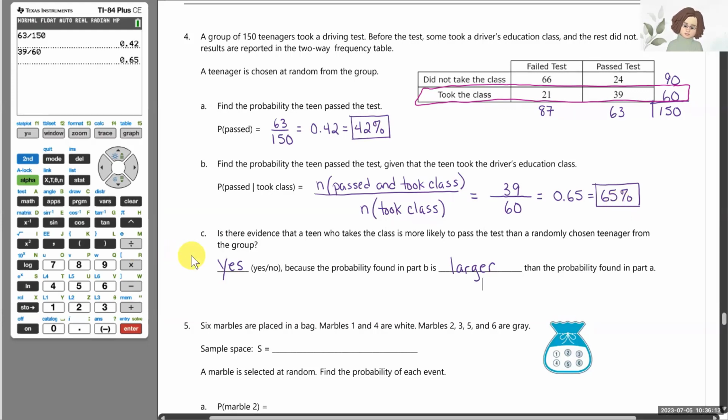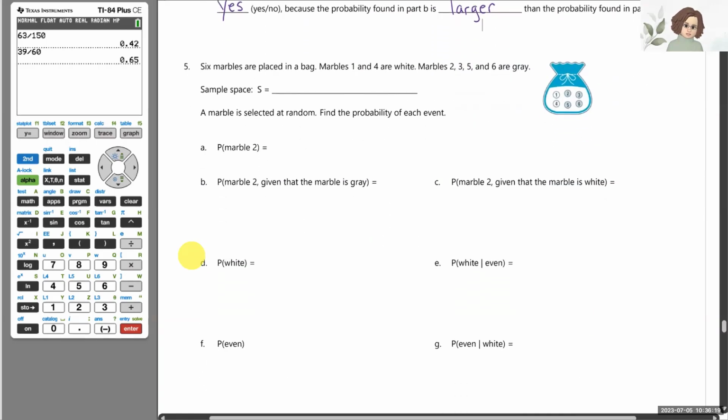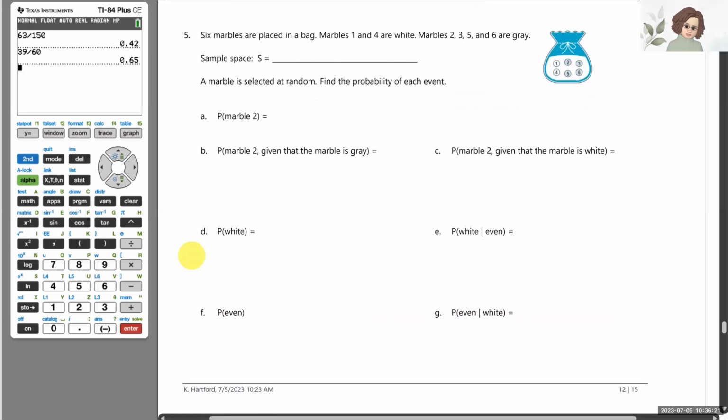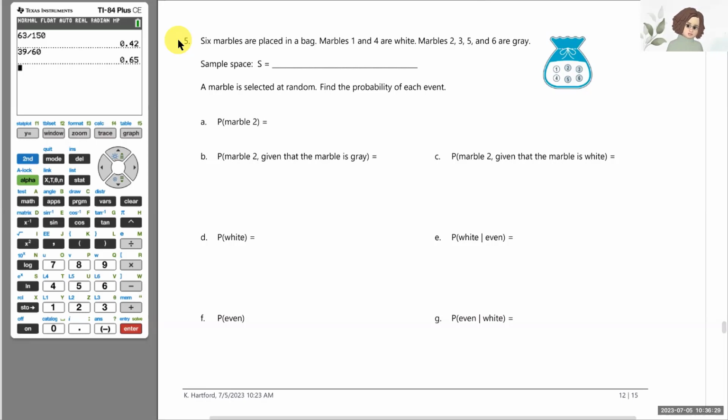All right. And then we'll just do one more here. And I'm not going to write the formula for everyone on these last ones. We'll see if we just have the idea now going through the process here of some questions. So 6 marbles are in a bag. 1 and 4 are white. 2, 3, 5, 6 are gray. And I'm just going to write my sample space here.